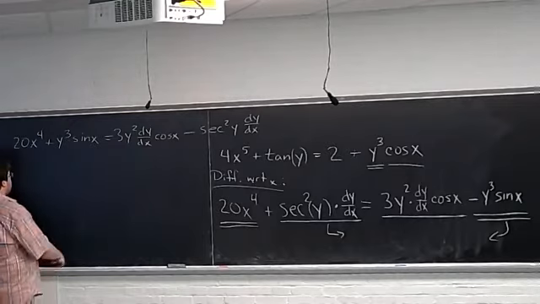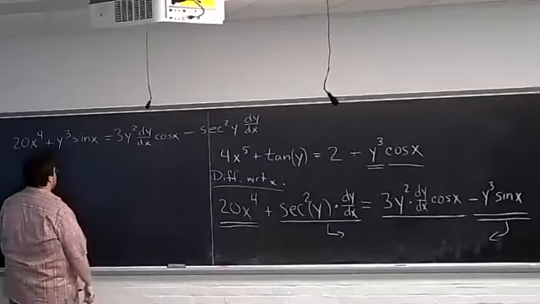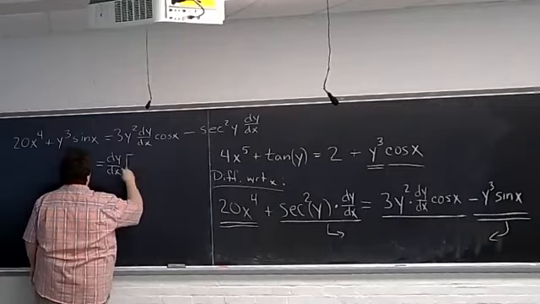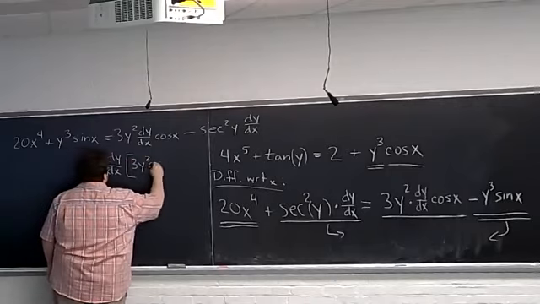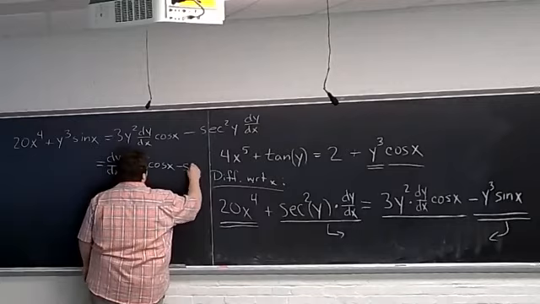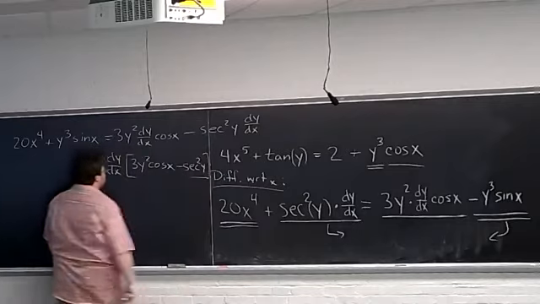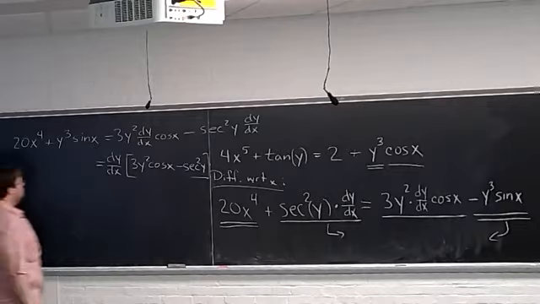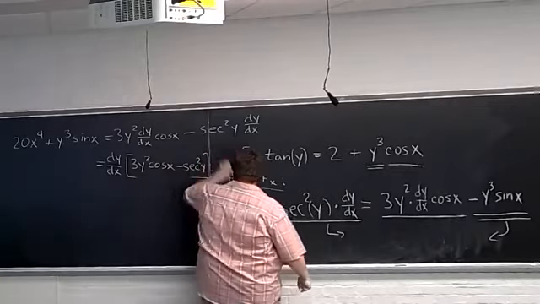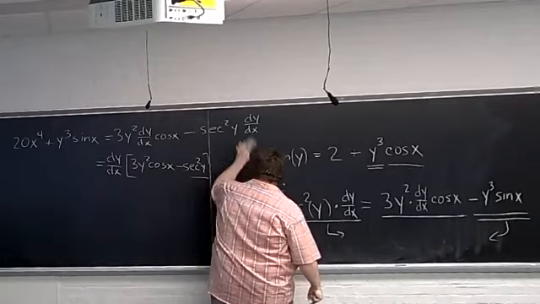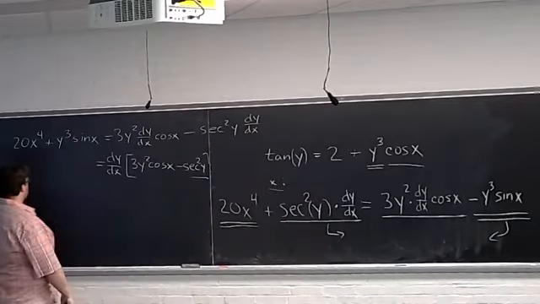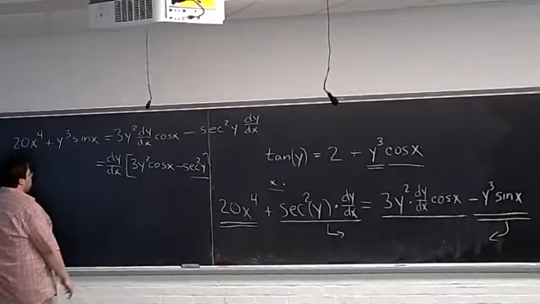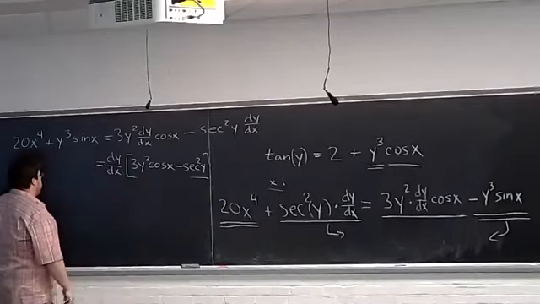Okay, so what can we do next? Well, everything on the right now has a dy/dx. So you can factor dy/dx out. And you're left with 3y squared cosine of x minus the secant squared of y. If you factor that out, I guess I can erase this. That won't ruin anything. So you can factor dy/dx from the right. And now you can solve for dy/dx by dividing by that piece.